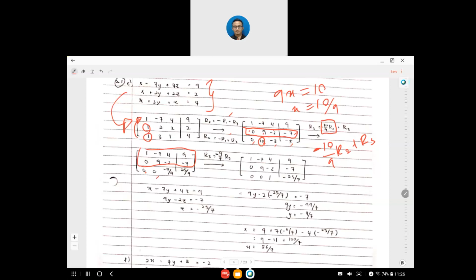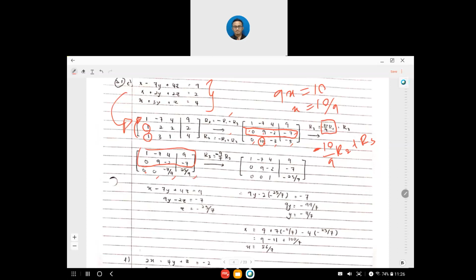And then you can get -7 over 9. Correct, that one is 7 over 9. And then the last item is -9 and -10 over 9 times -7, and then plus -5. So you can get 25 over 9.